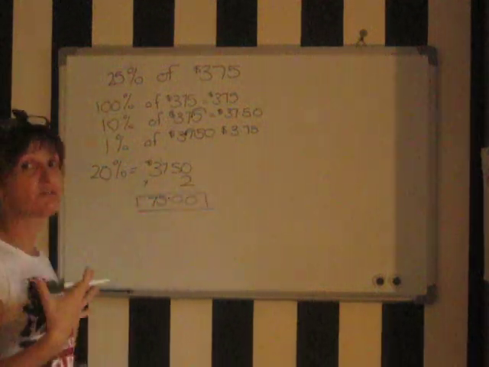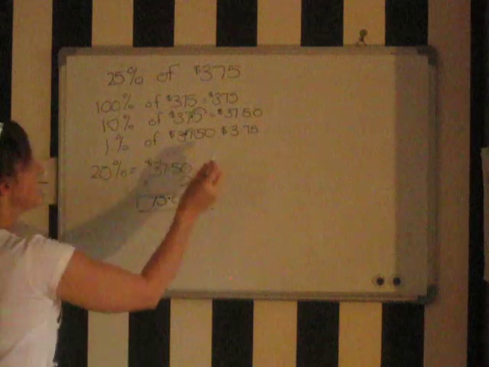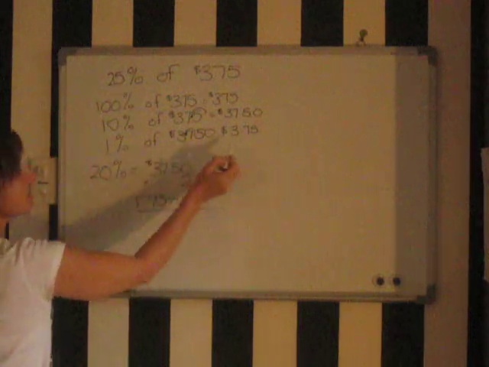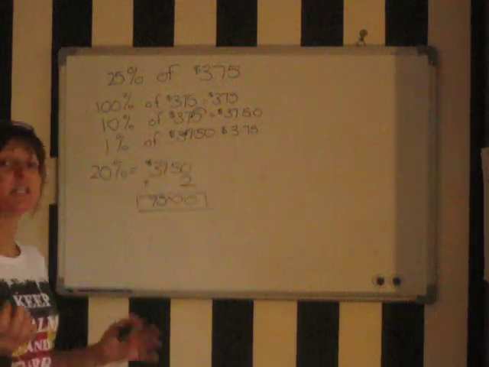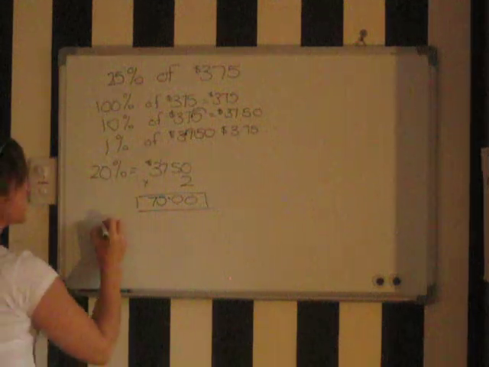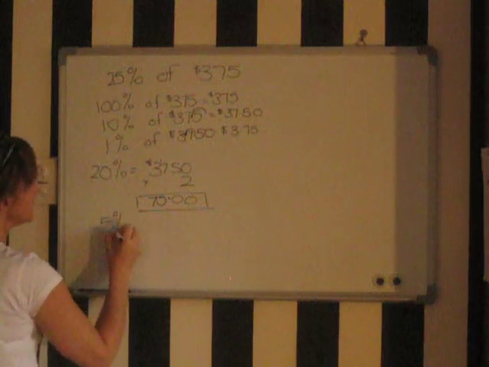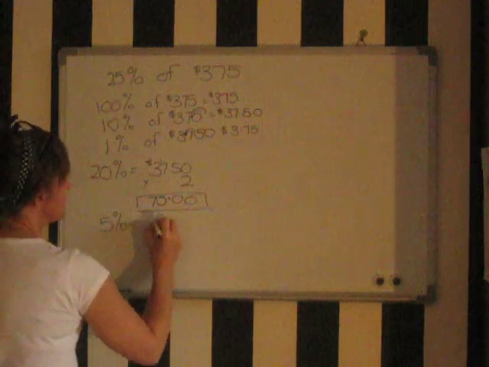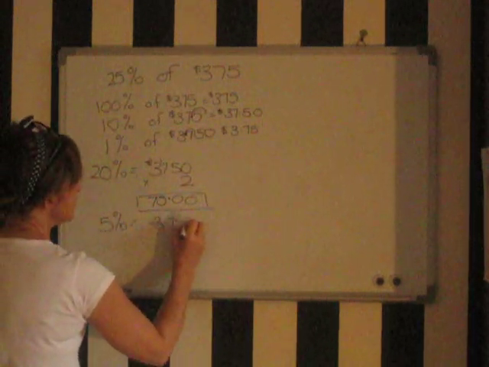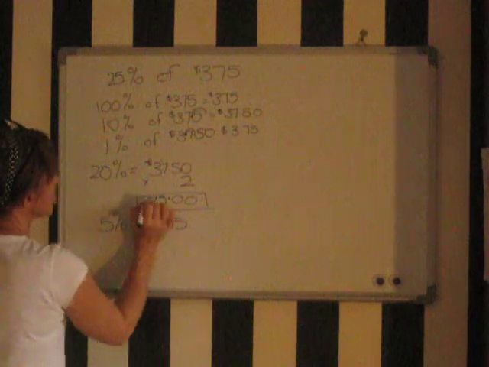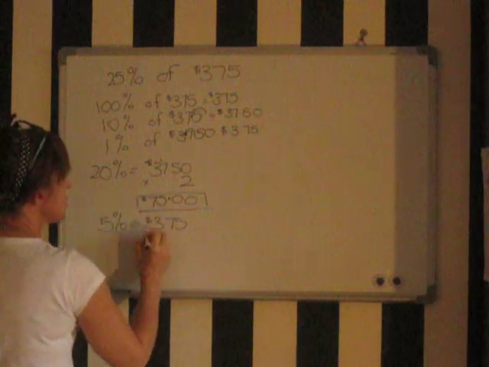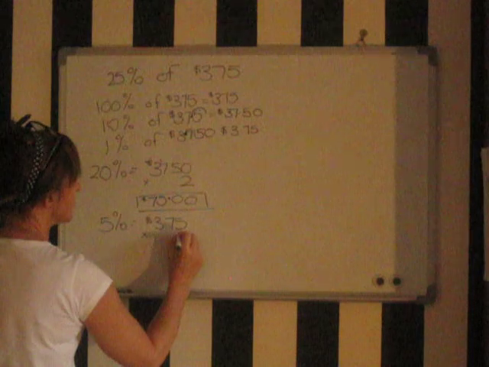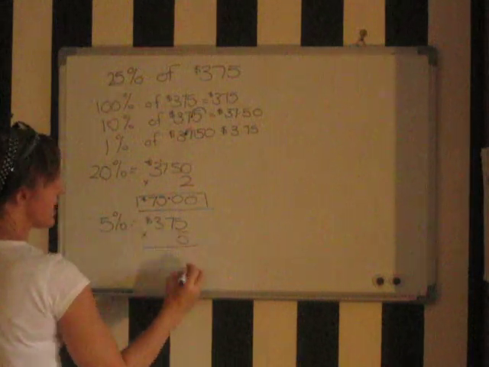Okay, we still need to find 5 more percent. So we look here. 1% is $3.75. So we just have to times that by 5. So to get our extra 5% equals $3.75 times 5. Okay, 5 times 5 is 25.